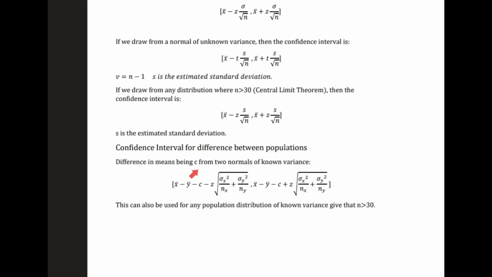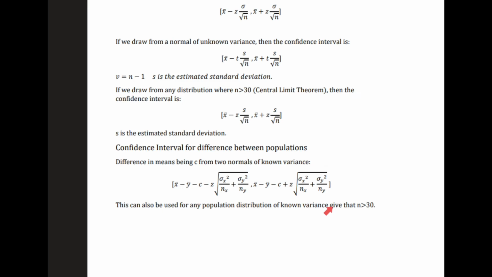Okay, so from two normals of known variance. So you know the variance, and then you put it here, you square, and then you put it in that way. So you can see this one is minus, this one is plus to get the confidence interval. So this can also be used for any population distribution of known variance given that n is greater than 30.